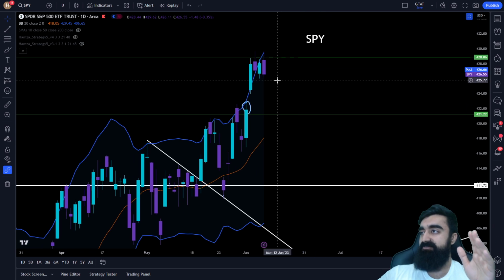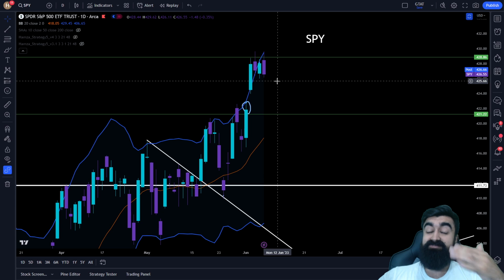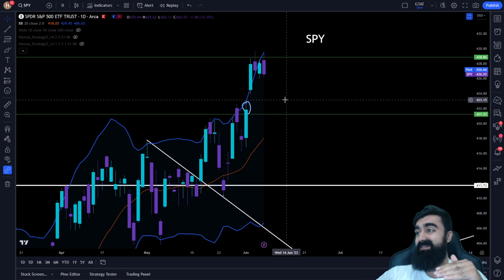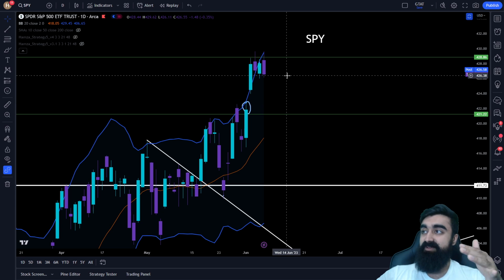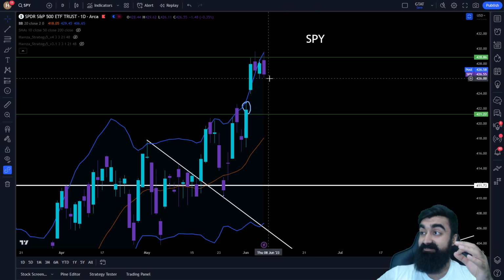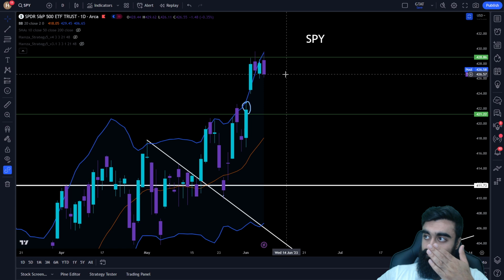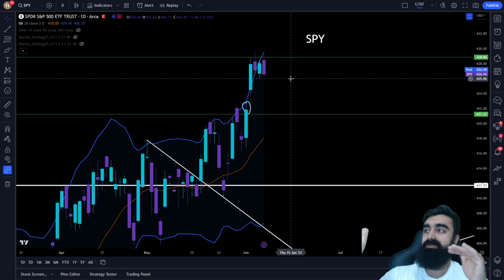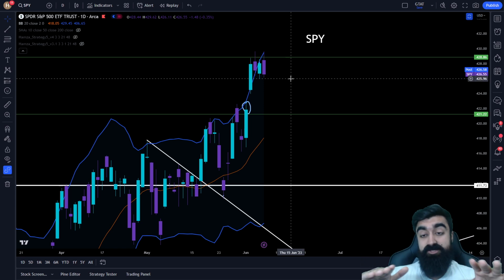Basically, if we break below 424, 425 on the S&P 500, then the upward momentum on this is going to be very difficult to maintain. So that's why they're trying very, very hard to hold this 426 level on the S&P 500. Okay, so 426 and 424, major levels of support on the SPY.